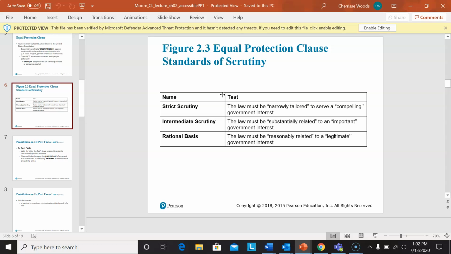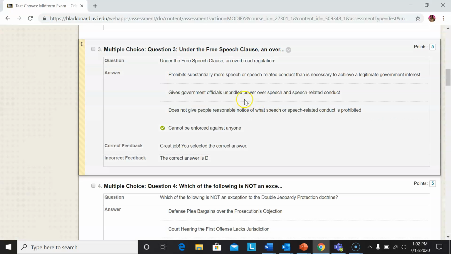Okay, so this is how these standards of scrutiny come into play with the free speech clause. The standards of scrutiny that you just saw, strict scrutiny, intermediate scrutiny, rational basis scrutiny, they don't just apply to age discrimination cases and gender discrimination cases. They also apply to free speech cases.